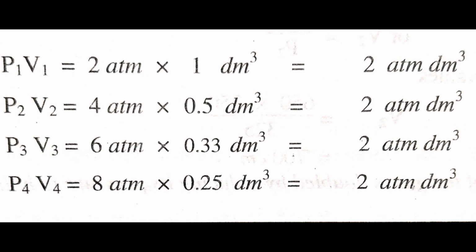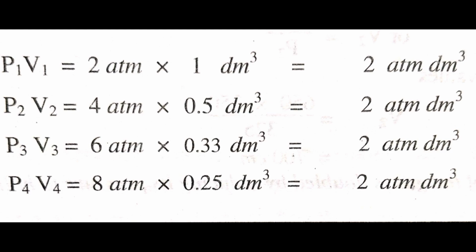For the third container, P3V3 = 6 atm × 0.33 dm³, which is also equal to 2 atm dm³. For the fourth container, P4V4 = 8 atm × 0.25 dm³ = 2 atm dm³. So you can see that in these 4 calculations for 4 containers, the value of K is constant, that is 2 atm dm³.